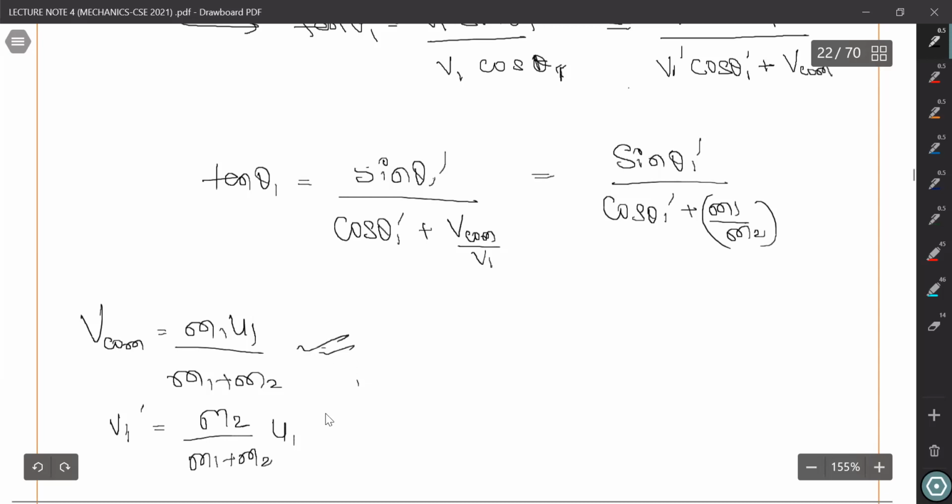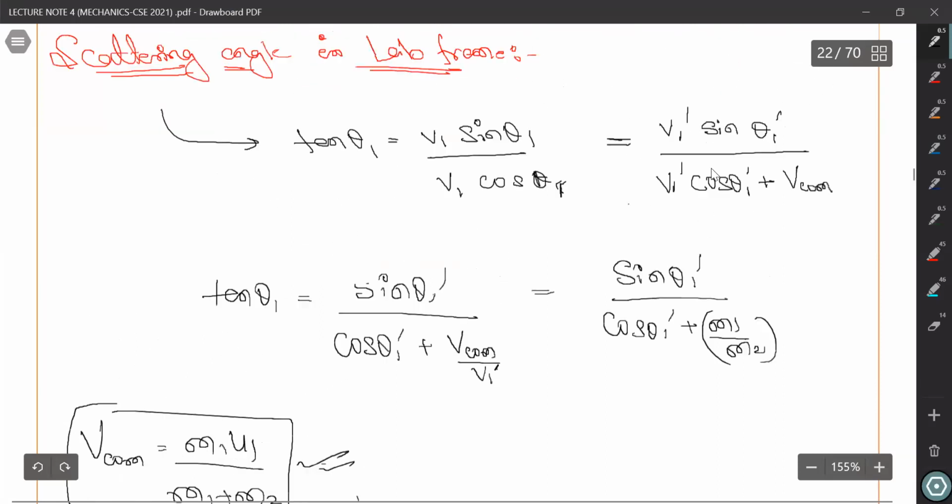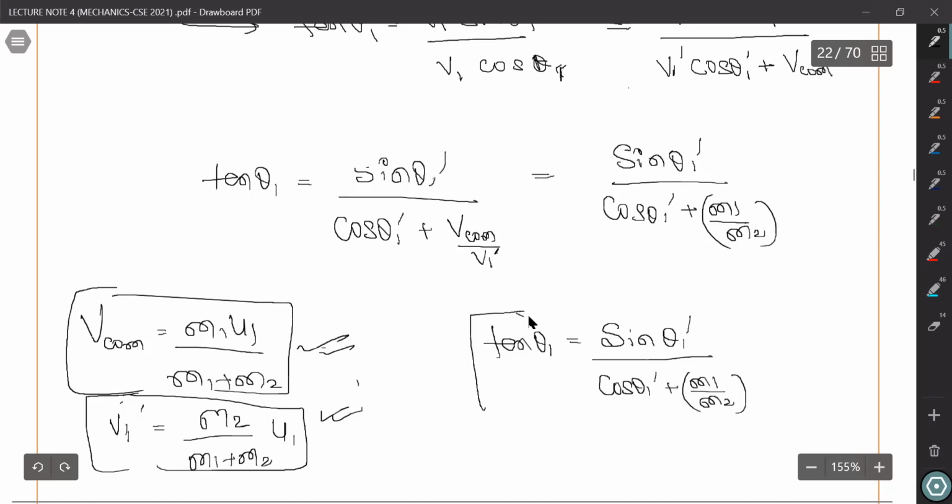Okay, so using these things you can simply jump to this conclusion. Sorry, this is v1 dash. We have divided the whole thing by v1 dash. So here, tan theta 1 is equal to sine theta 1 dash upon cos theta 1 dash plus m1 upon m2.